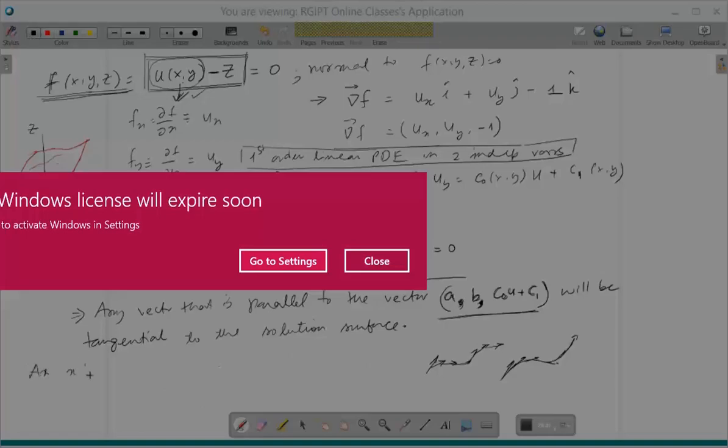As x and y change, the tangential vector direction changes. Depending on how you change x and y, your tangential vector changes accordingly. Therefore, what you're doing is moving on a particular curve lying on that surface.